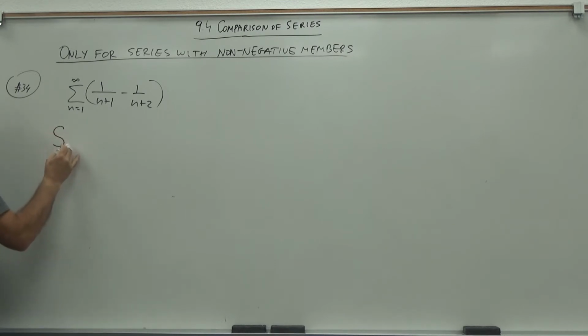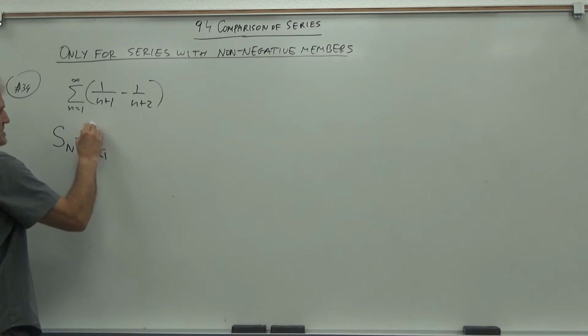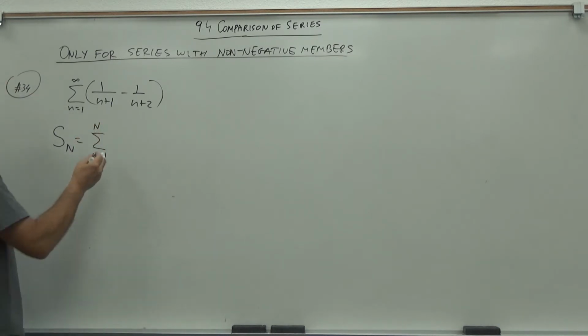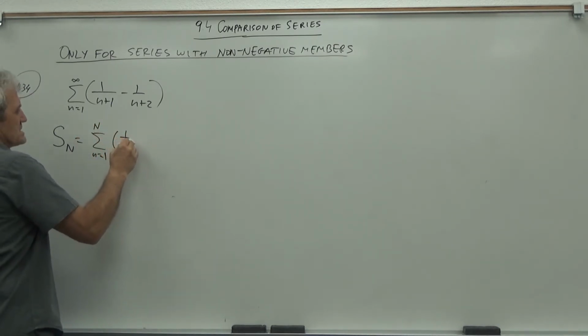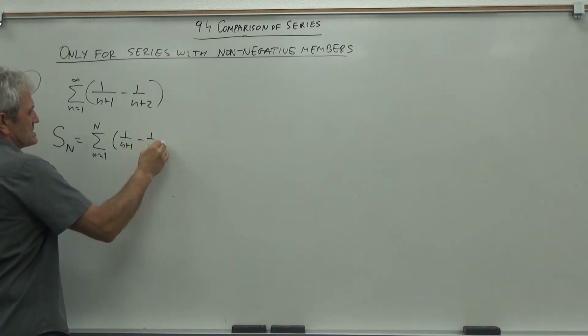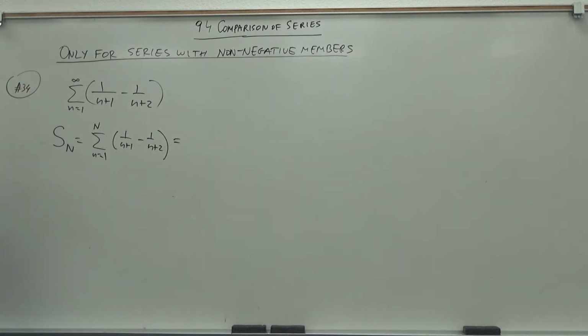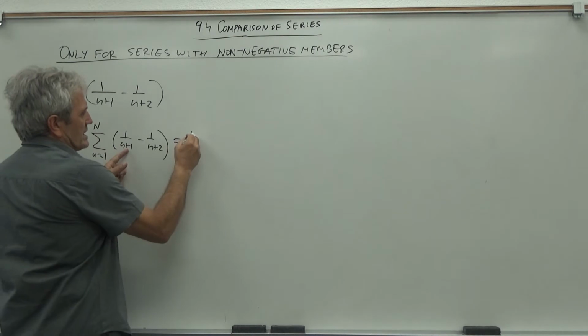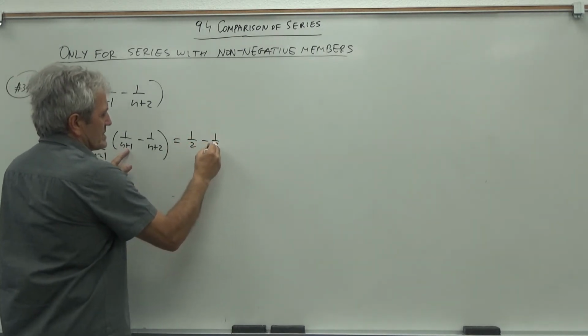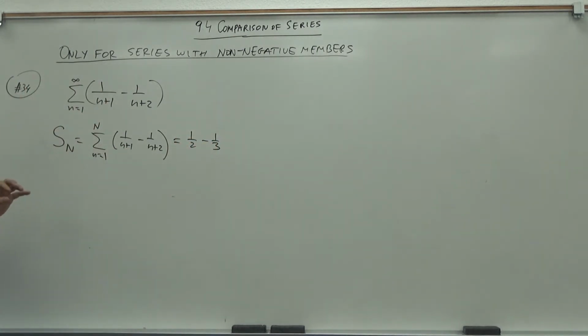I'll call it S capital N, the sum from n equals 1 to capital N, where capital N is a stopping value, of 1/(n+1) minus 1/(n+2), which is what? When n is 1, I get 1/2 minus 1/3. Now I will write it a little strangely so that you see that cascade.